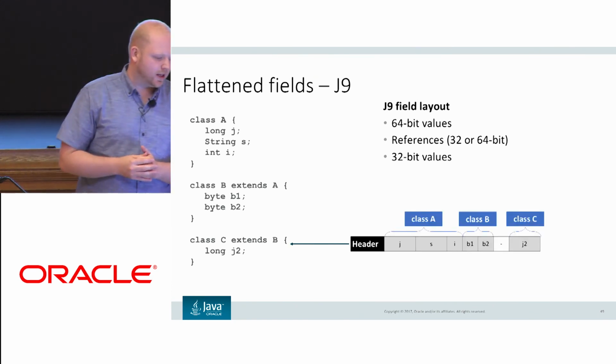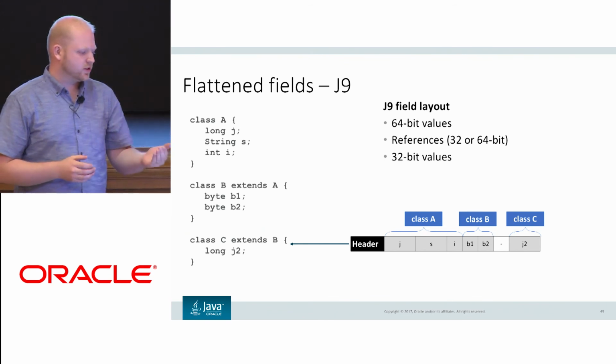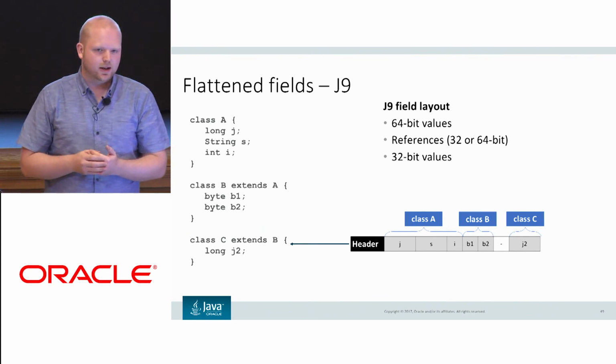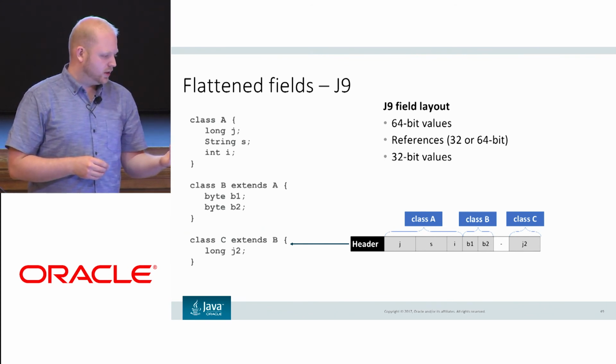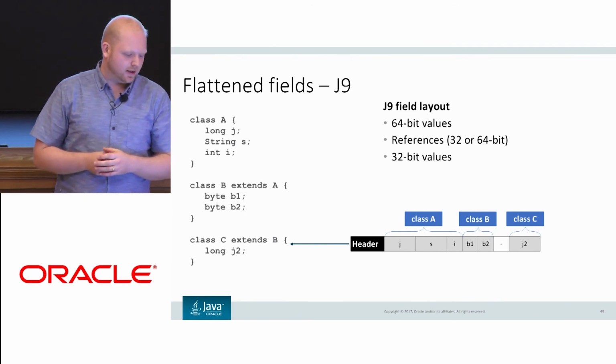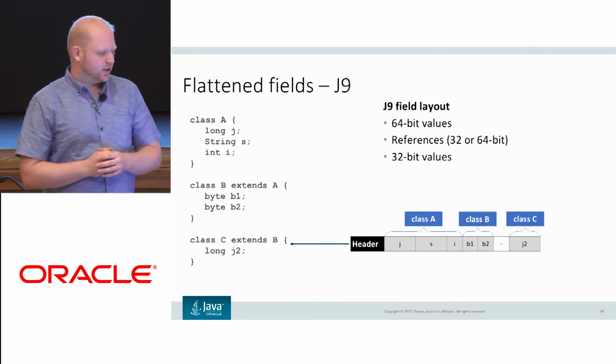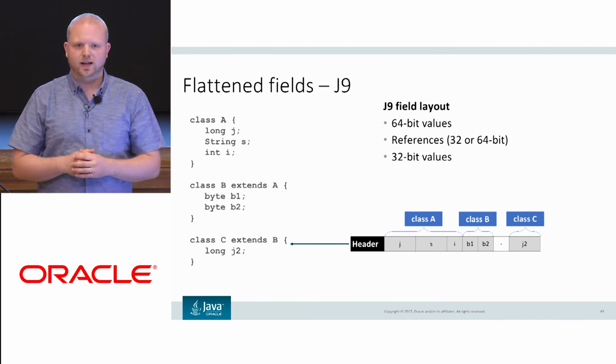So the way this will look then is that for an instance of C, you get your header, you get the long J, and then you get your string S, and then at the end you get your single int, and now we're not 8 aligned.